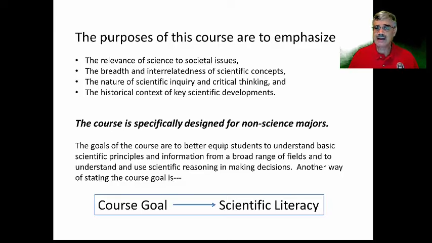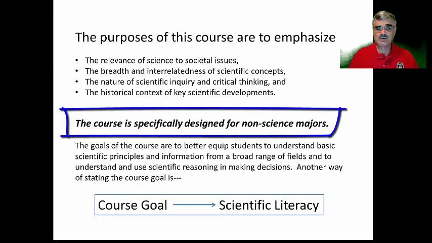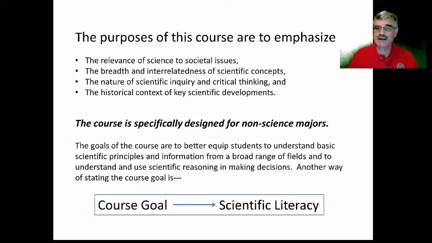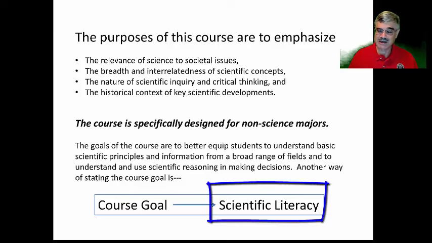And we'll also add a healthy dose of historical context related to the key scientific discoveries. And I stress again, this course is specifically designed for non-science majors. The goals are really for you to gain an effective citizen's level understanding of science, or, as it's sometimes described, to develop scientific literacy.